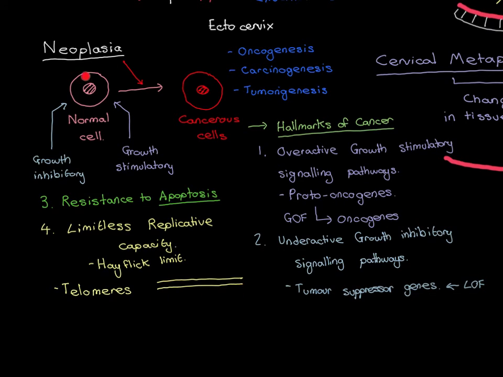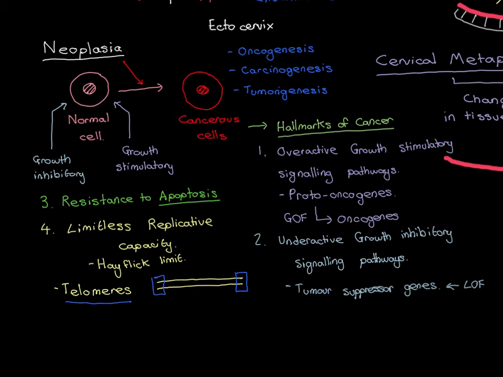Of course, a normal cell will have 46 chromosomes, so this is representing one of them. These two lines are representing the two strands of the DNA. Now, on the end regions of the DNA are regions called telomeres. So let's say this little bit here and this little bit here are the telomeres of the chromosome.